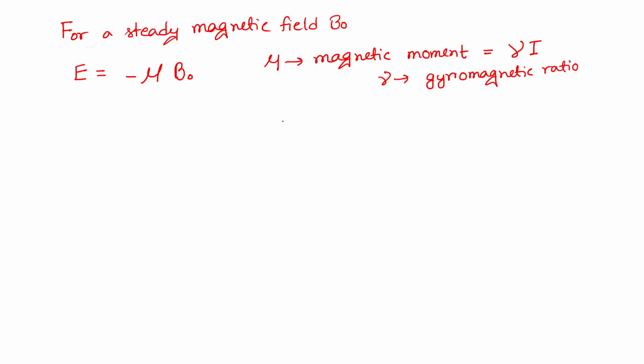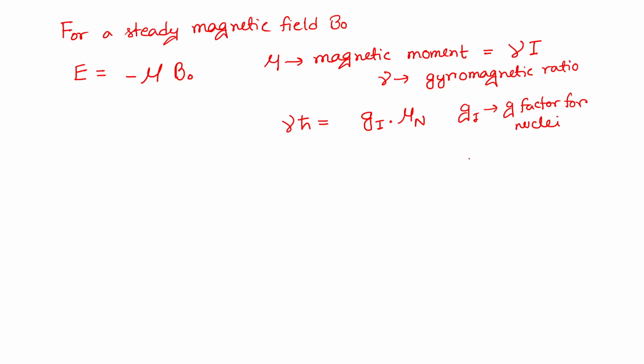Gamma h-cross can be written as Gi into mu n, where Gi is the G factor for the nucleus. For separate nuclei it is different: for a proton nucleus it is different, and for a carbon it is different.